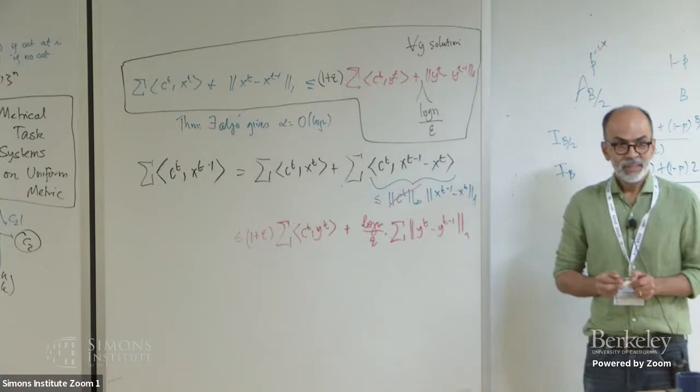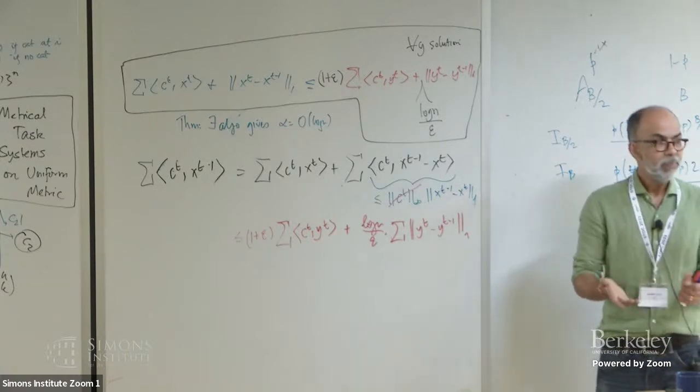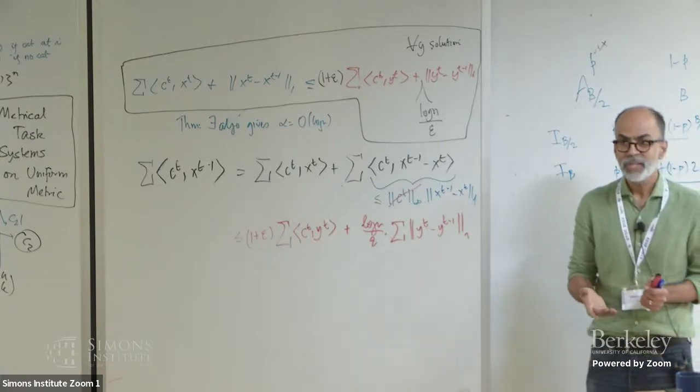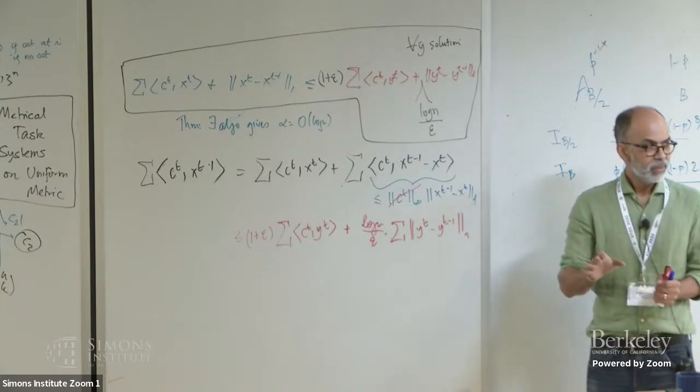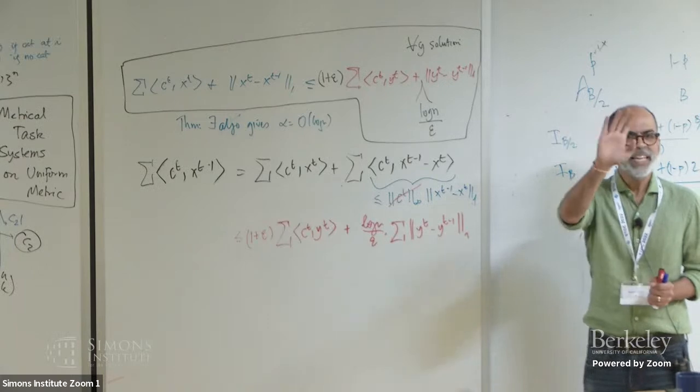But in regret, what do we compare to? We compare to a solution which doesn't move, right? Let's say it moves only k times.